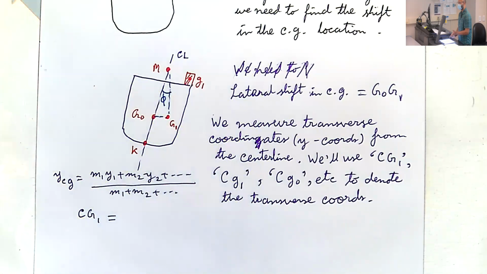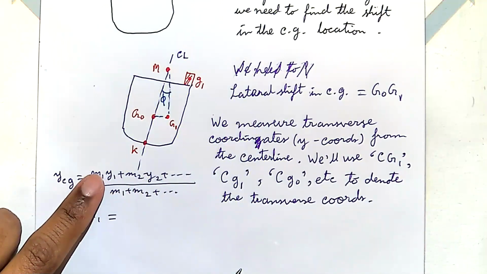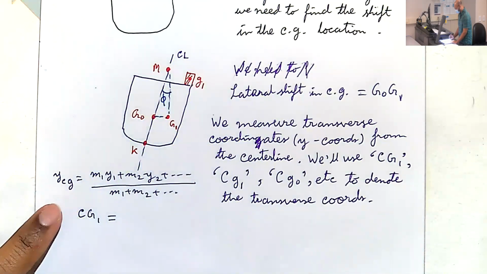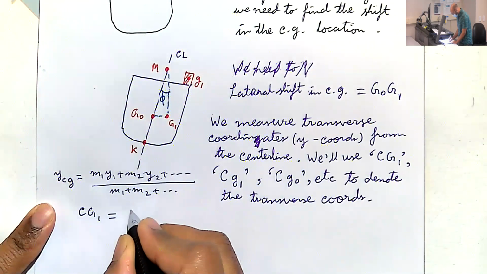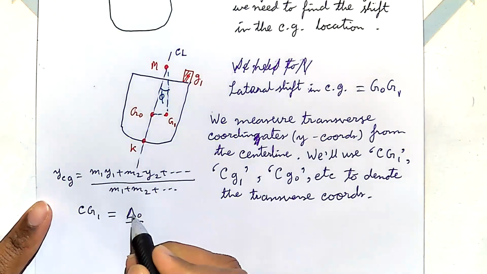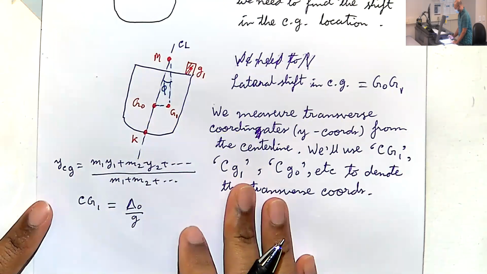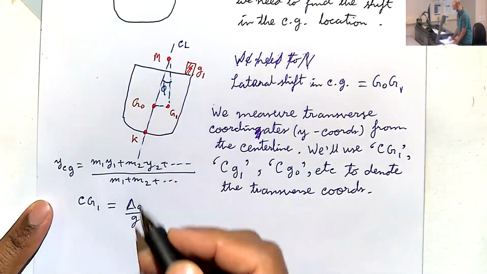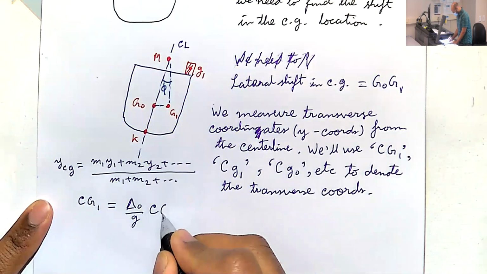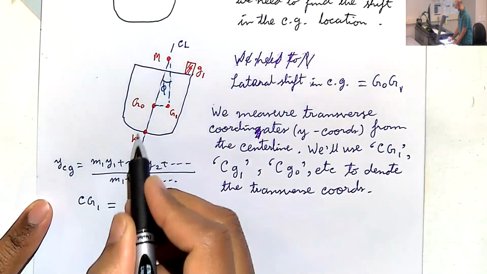Nobody? Then take a guess. The weight of the ship? Yeah, we can take mass 1 to be the weight of the hull. So we can say this is delta 0 over g. Remember, delta 0 is in Newtons, so just divide that by g to get the mass. Okay, and Y1 is CG0, the center of mass for the hull, CG0 initial.